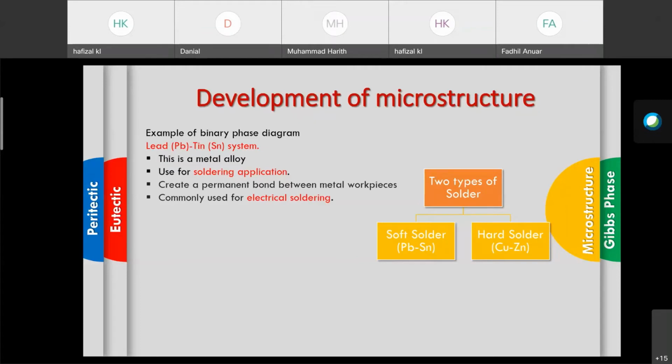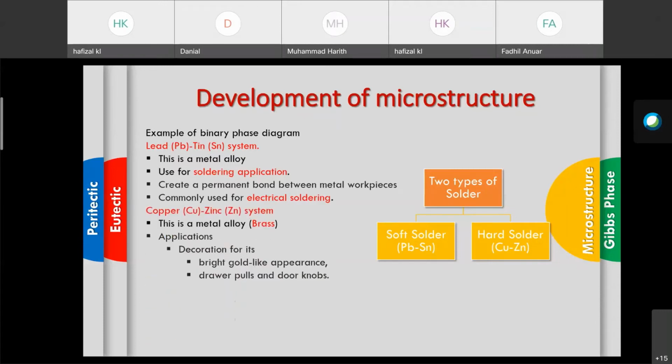These are applied in various applications. Lead, plumbum, or tin are applied for soldering, for electrical wiring.